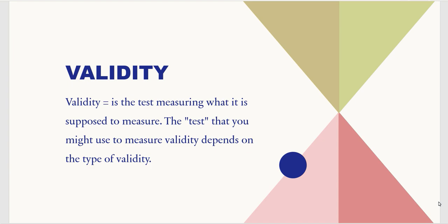Validity is whether the test measures what it is supposed to measure. As we have read this definition before also, the test that you might use to measure validity depends on the type of validity. What kind of statistical measure you are using will also depend on the type of validity that you are using to measure.